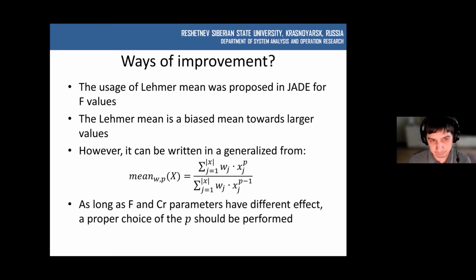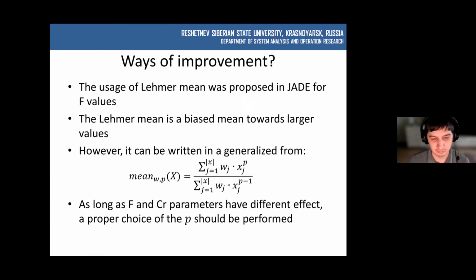And okay, how can we improve the parameter tuning methods? As I said, SHADE is very popular today, and in fact, still this year, most of the competitors in the competition used some kind of SHADE algorithm. But it appears that we can improve it with one thing.